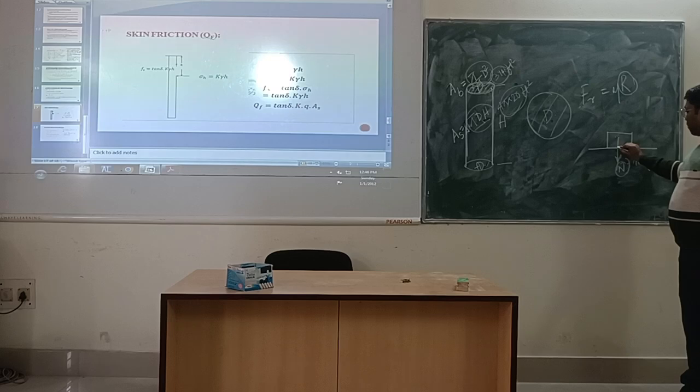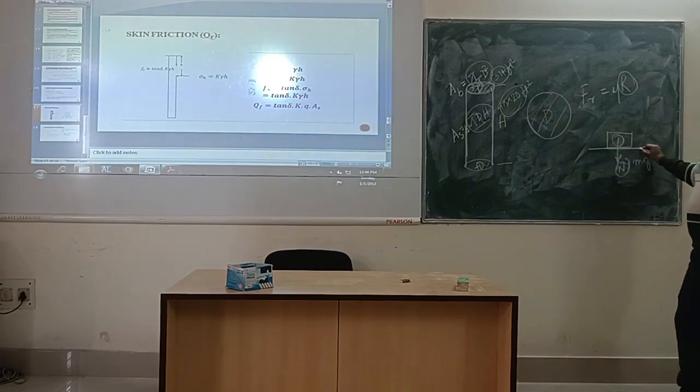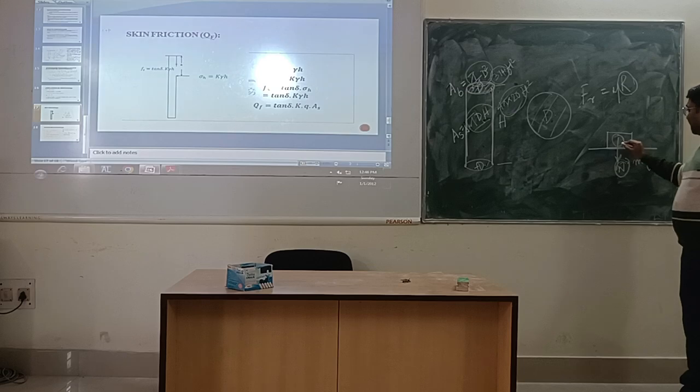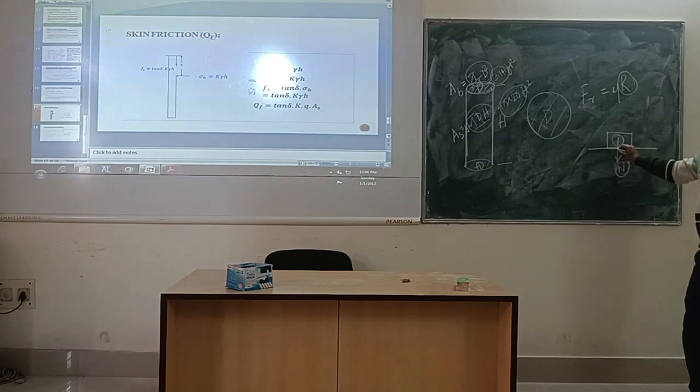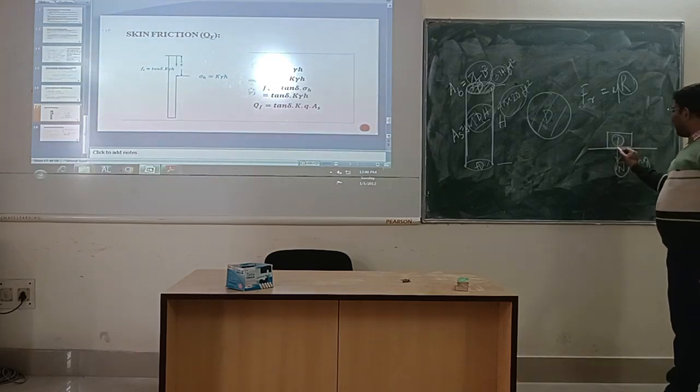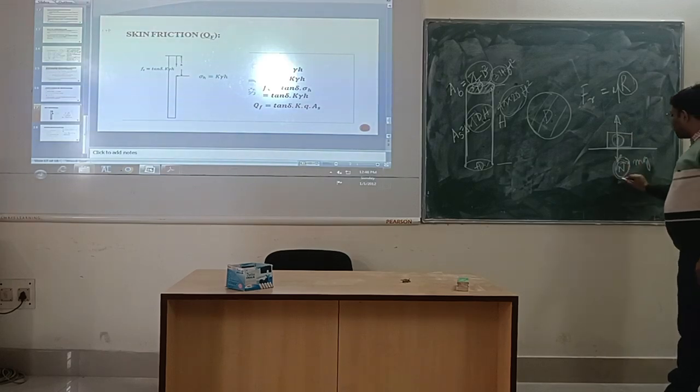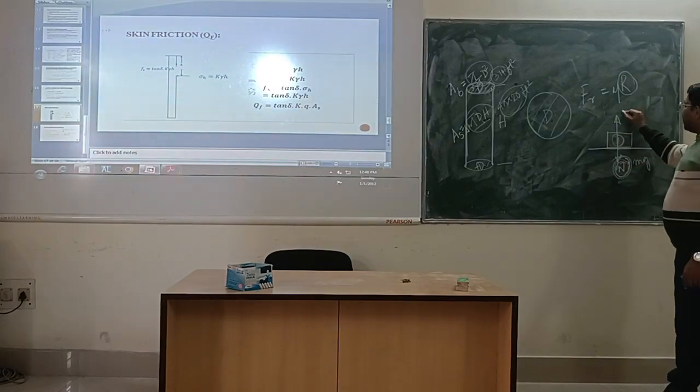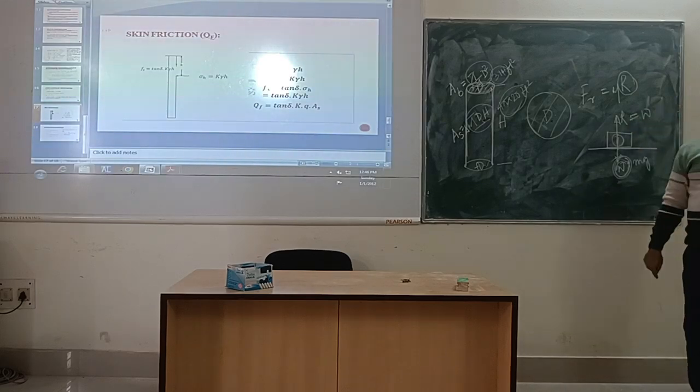If this weight is acting from this object to this surface, then according to Newton's third law, the surface will apply a force that is equal and opposite to this weight. That is the normal reaction, and that is equal to W.